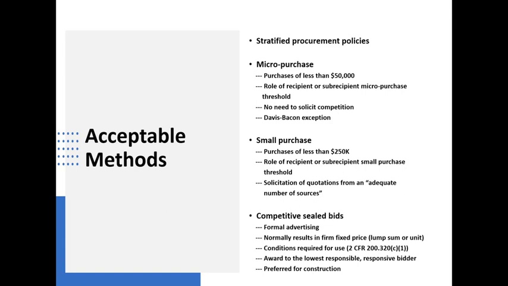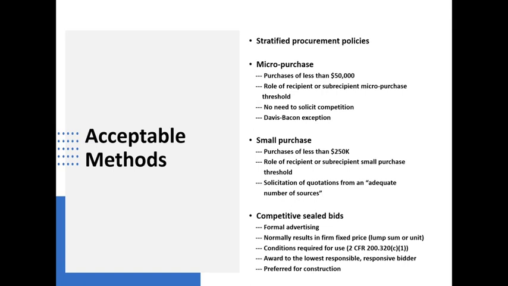And a construction project for Davis-Bacon purposes is anything that costs more than $2,000. So you could be repairing the bathroom and have the Davis-Bacon Act kick in on that arrangement. That doesn't mean you've got to go out and solicit competition, but it does mean that the people who work on the project need to be paid wages set by the Department of Labor.